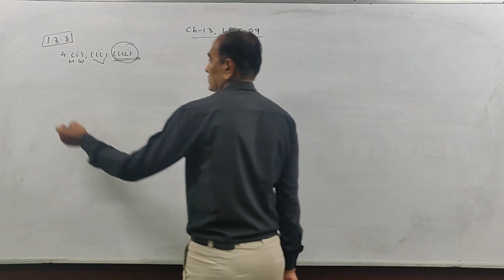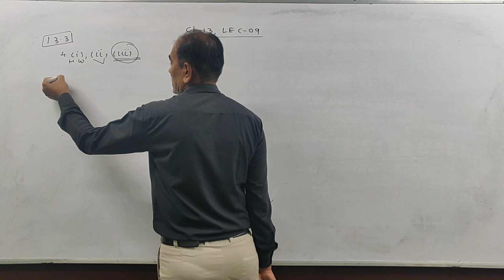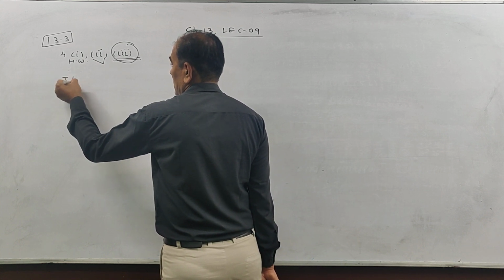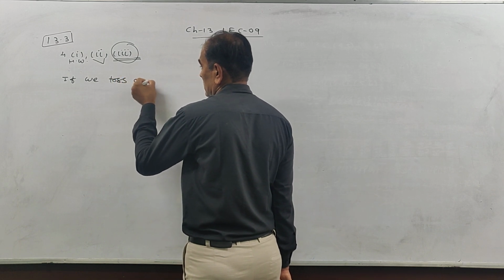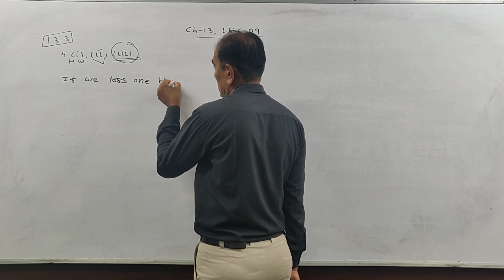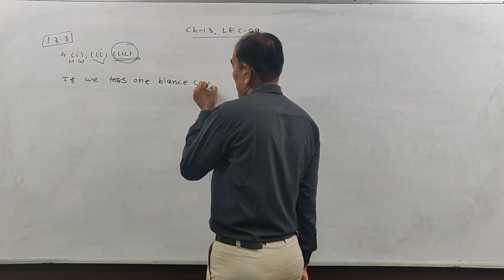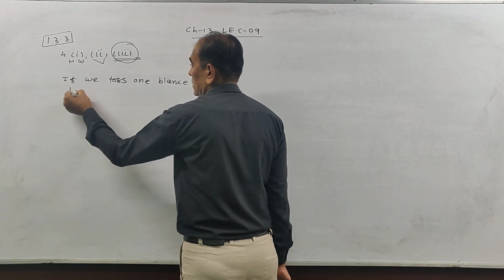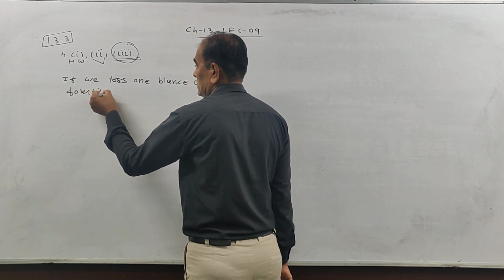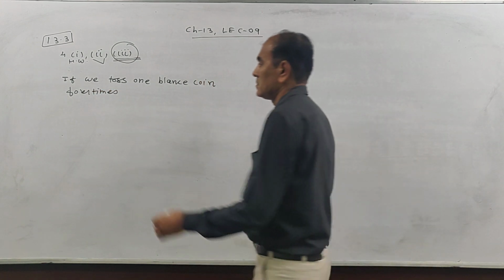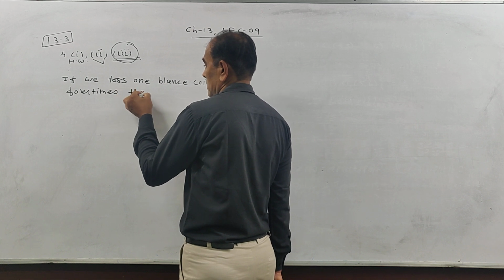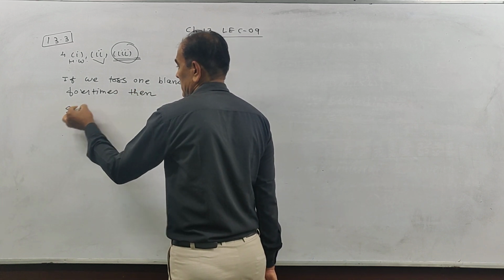Now see here. The fourth one says that if we toss one balanced coin 4 times, then what is the sample space?